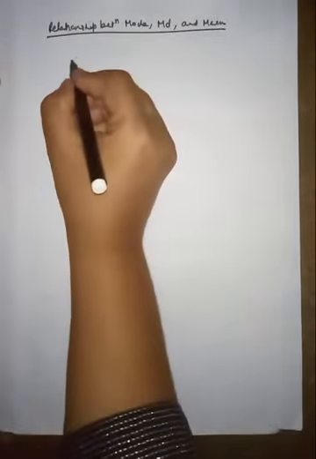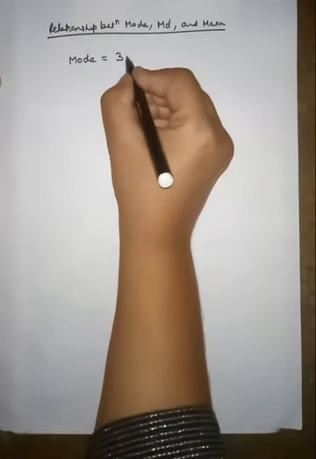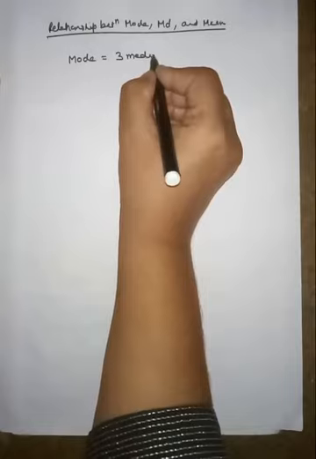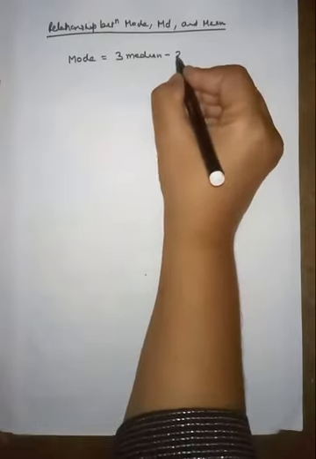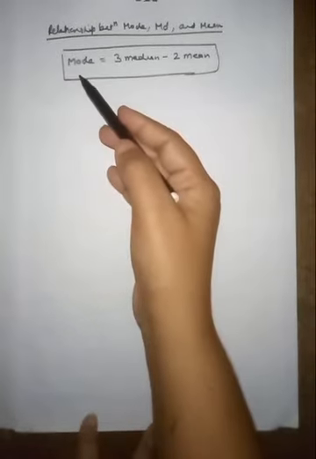So what is the relationship between mode, median, and mean? Mode equals 3 times median minus 2 times mean. So friends, this is the formula for finding the mode in an indirect way. If you have the median and mean, then you can calculate the mode, right?